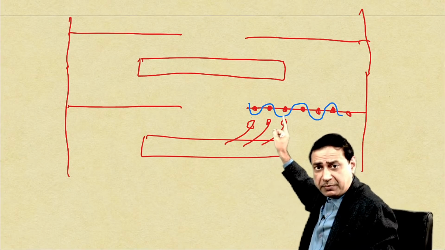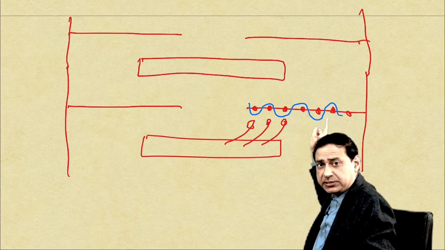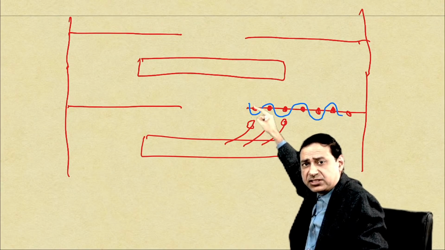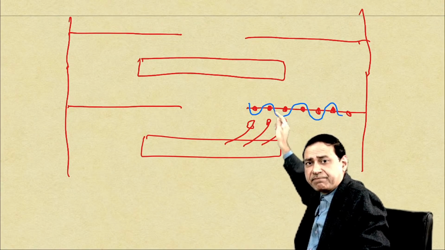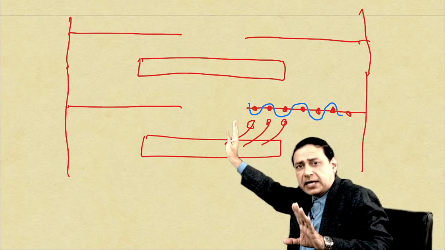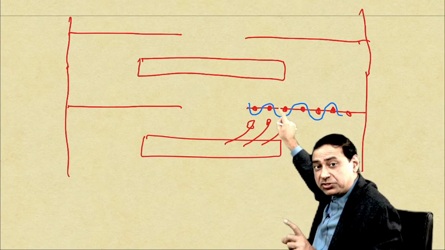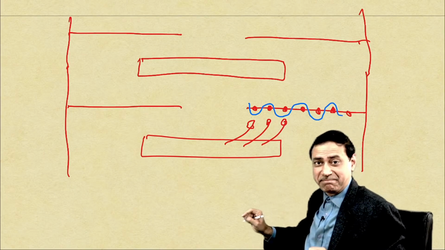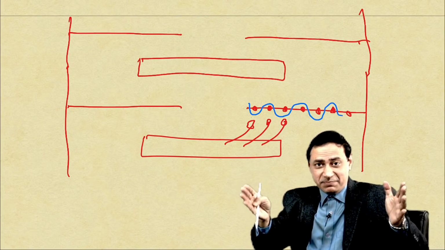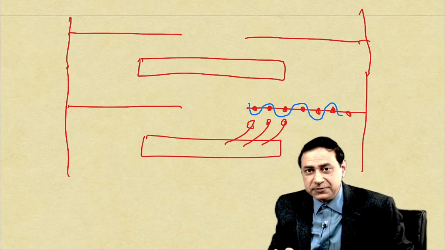When this tropomyosin moves aside, then myosin will be attached to actin and the contraction will start. Why can't myosin combine with actin? Because tropomyosin is there. This is actin, this is myosin, and in the middle we have tropomyosin.